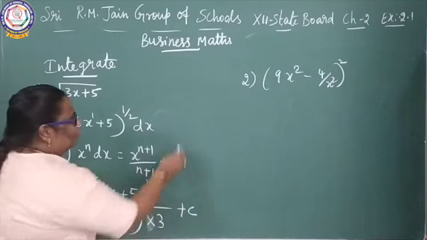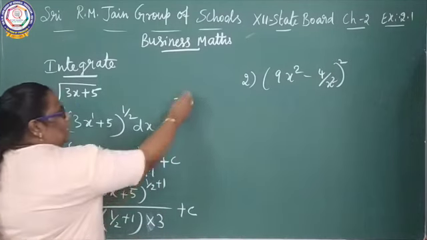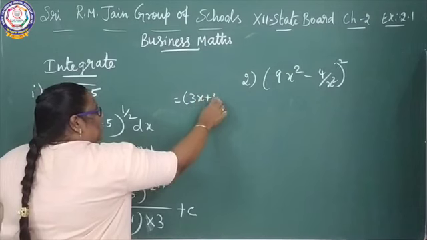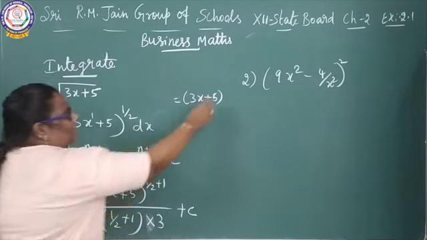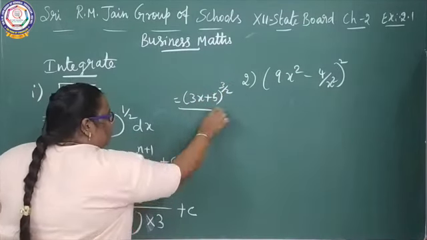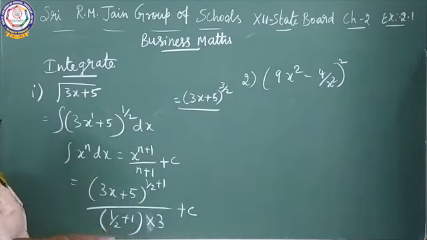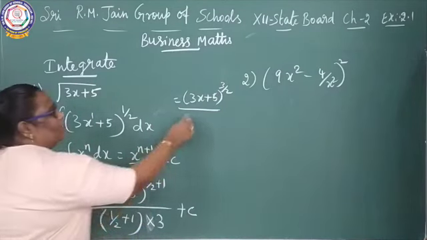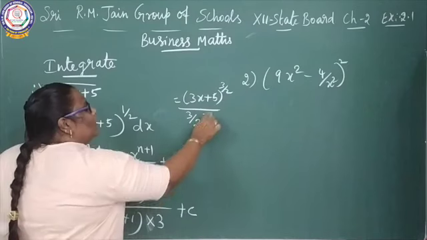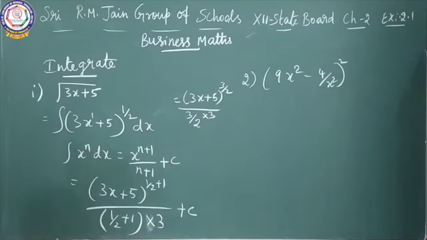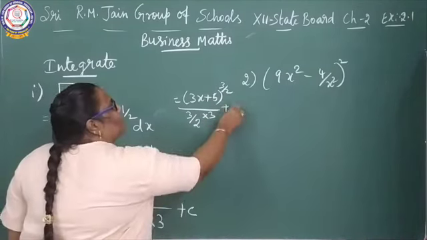So what is the value? 3x plus 5 whole power 3 by 2, over 3 by 2 into 3, plus c.